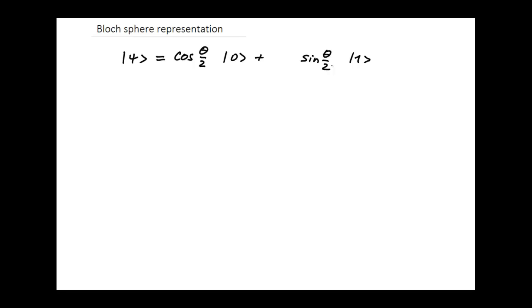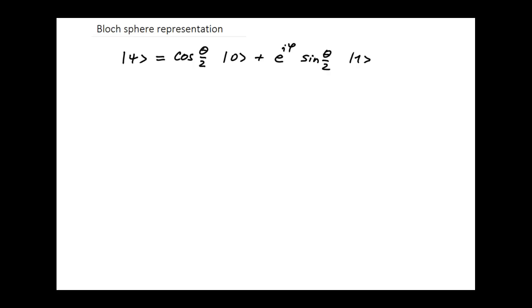So in front of the sine and the cosine, we have an e to the i some angle. But we say that the overall phase is not relevant. So we can factor out the phase, say, in front of the cosine, and only retain a phase factor in front of the sine. So this is a relative phase.